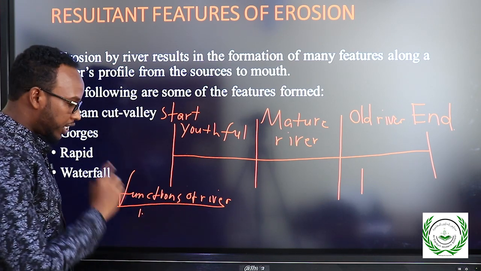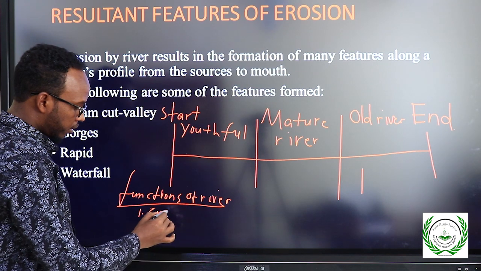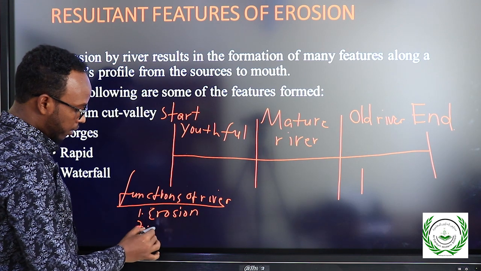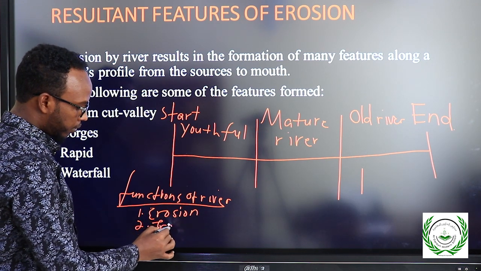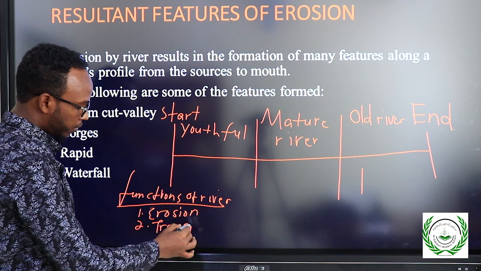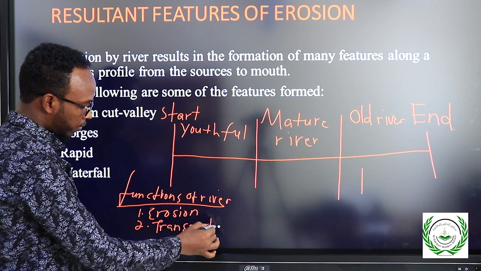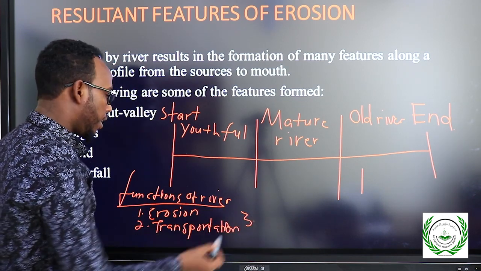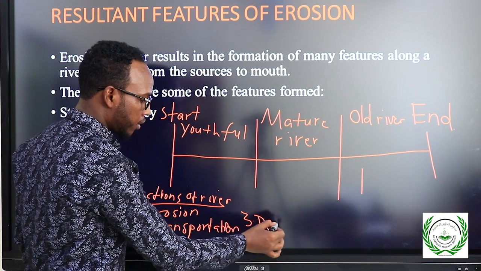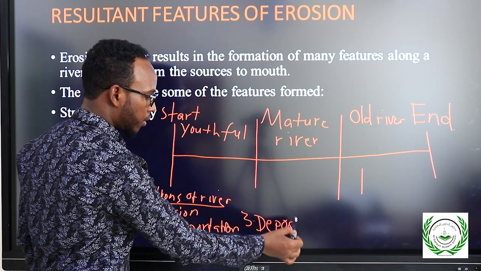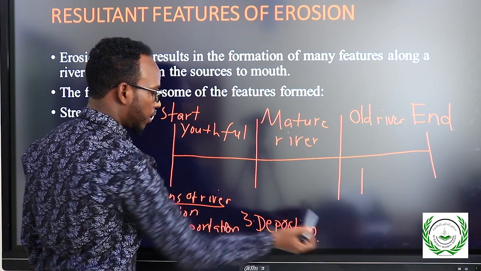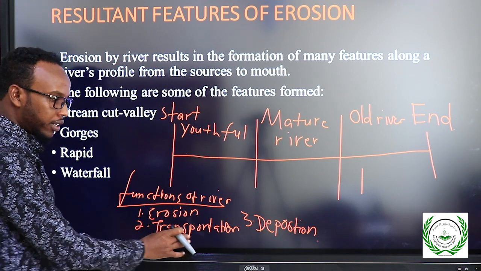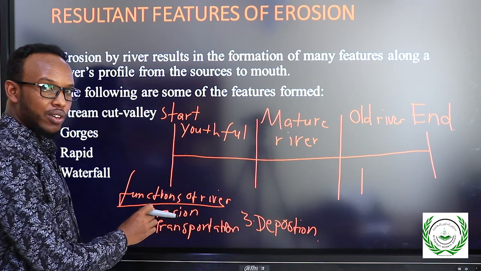The first type of river function was erosion, the second type is transportation, the third type is called deposition. Okay, these are the functions of the river: erosion, transportation, deposition. These are the main functions of the river.